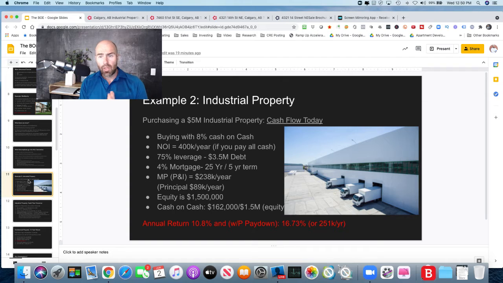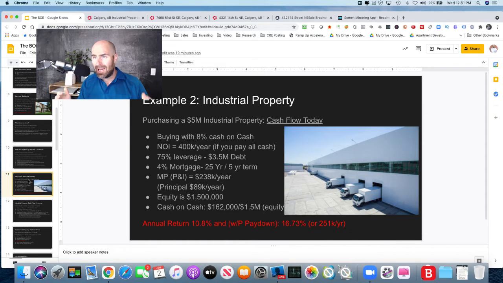So this is not a picture of the actual property, but this is a typical industrial building, obviously a large bay. We're looking at a larger single tenant industrial building, and in this case, we're going to assume it's a $5 million purchase price.